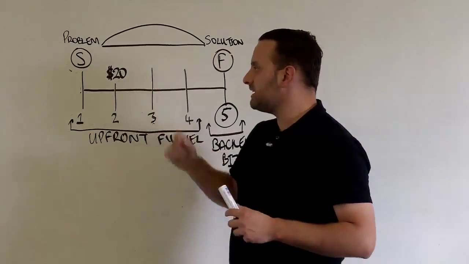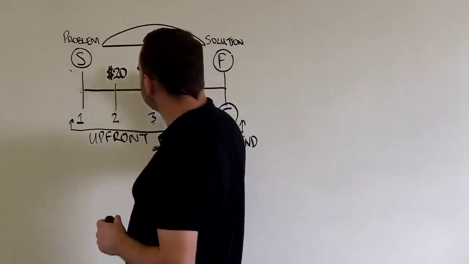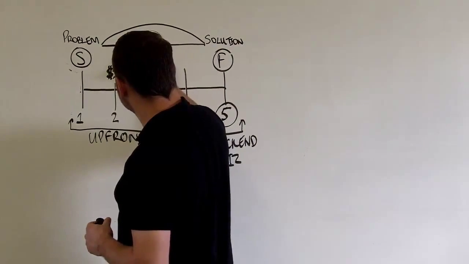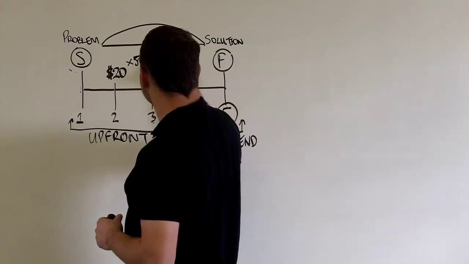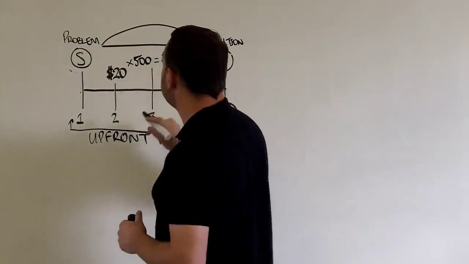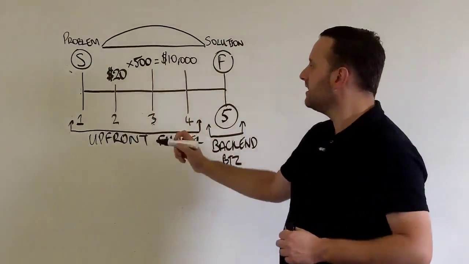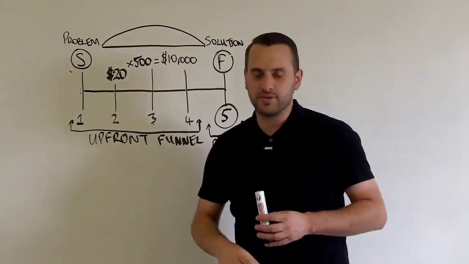Well, you would need to make 500 of those, right? So 500 times $20 equals $10K. I don't know if you can see this, it's getting a bit small, but if you want to make $10,000 a month, you have to make 500 sales of that product.